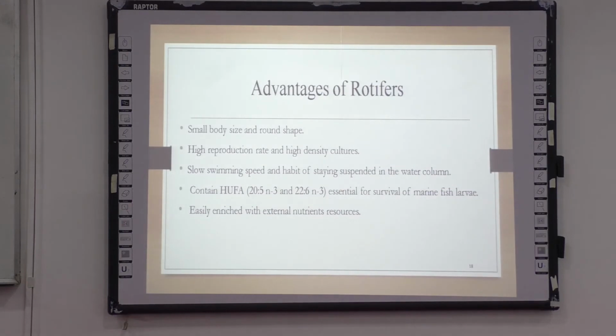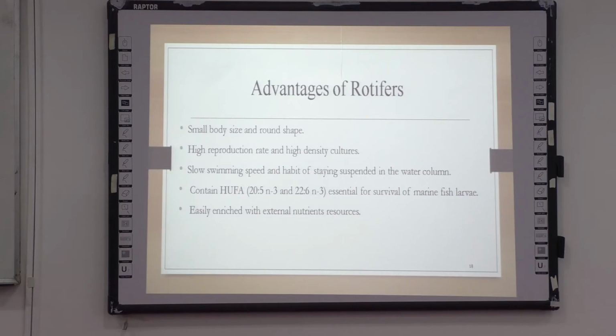With regard to the advantages, as I said earlier, they have small body size and round shape, high reproduction rate and high density cultures, slow swimming speed and the habit of staying suspended in the water column. They contain HUFA, highly unsaturated fatty acids, essential for the survival of marine fish larvae.